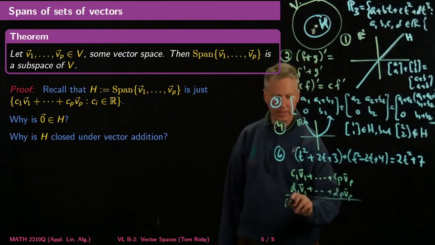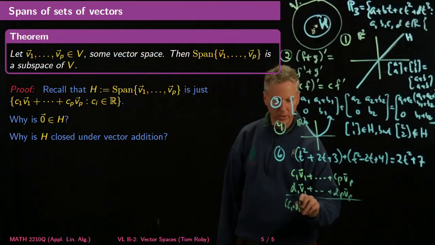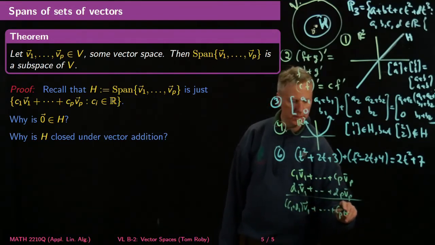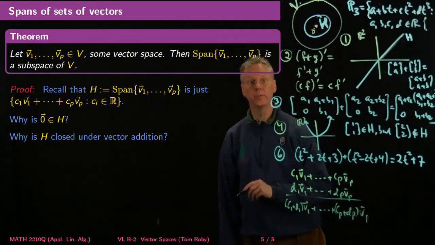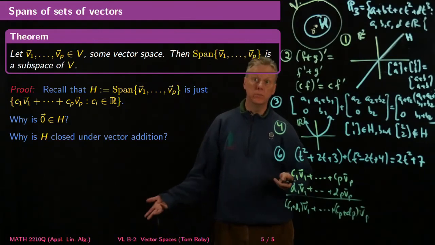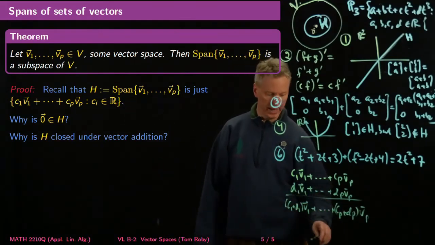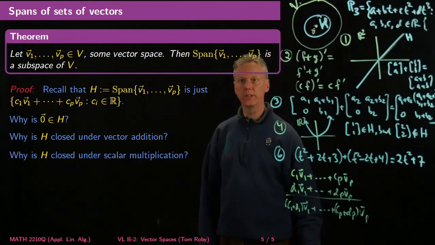The sum will just be (c1 plus d1) v1 plus dot dot dot plus (cp plus dp) vp. Okay? So it's clear that's definitely something that's of the form to be in H. Okay, so it's closed under vector addition.